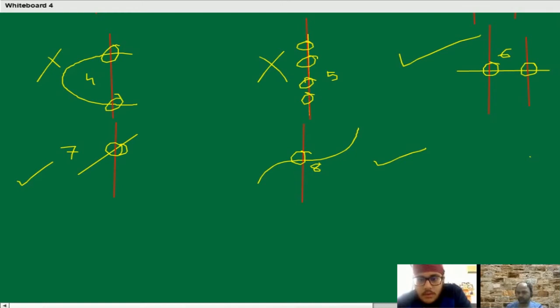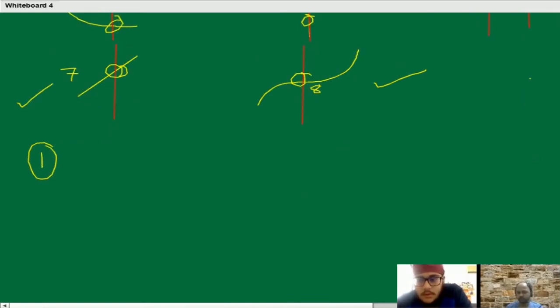So what we came to know here, Manu, is called the vertical line test.